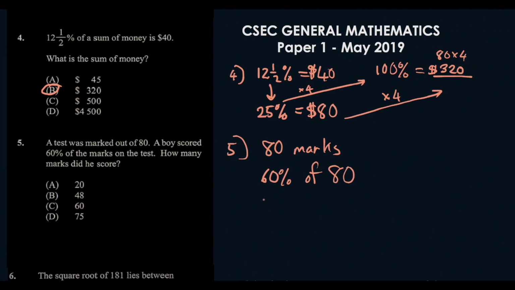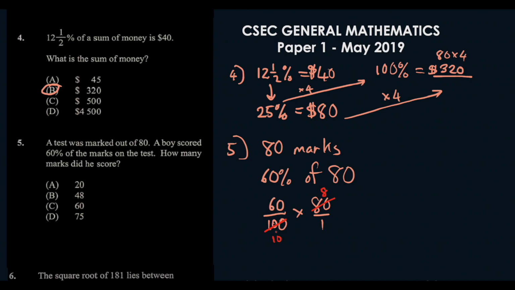If I want to find 60% of 80, I need to write it as a fraction, which is 60 over 100. This is how you represent 60% as a fraction. You put it over 100, and we multiply that by 80 over 1. Now, 10 could go into 100 10 times, and 10 could go into 80 8 times. We still have a denominator and numerator that have common factors.